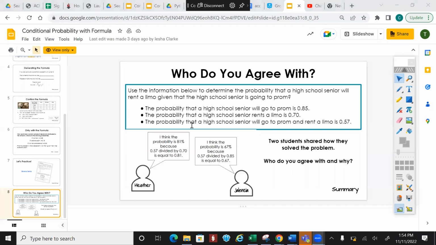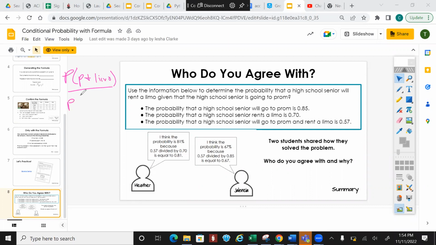Looking at this problem, there's a lot of information that they're telling you. It says determine the probability that a high school senior will rent a limo given that the high school senior is going to prom. So that is probability of prom and limo, right?